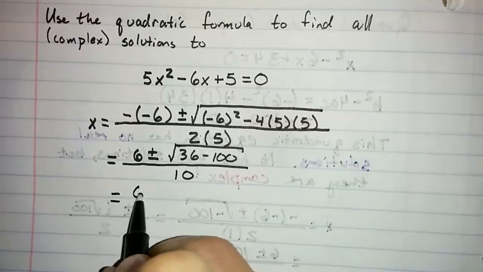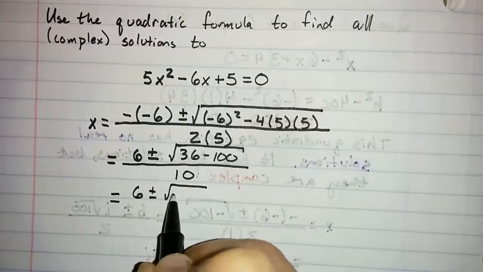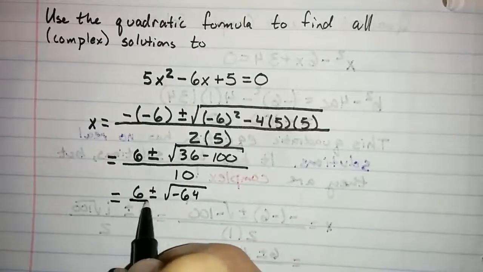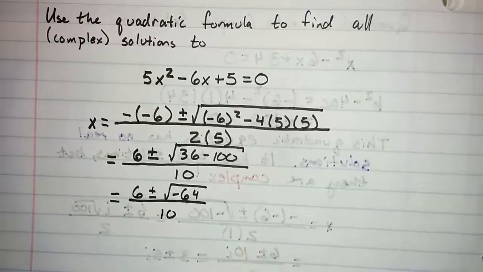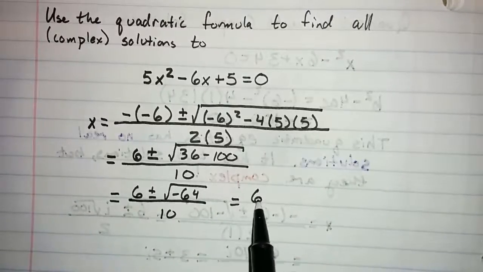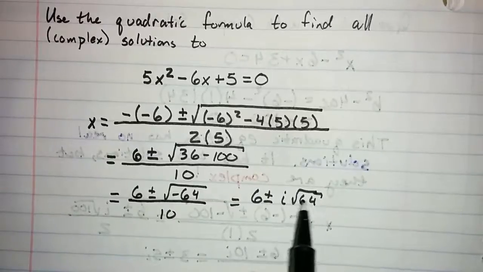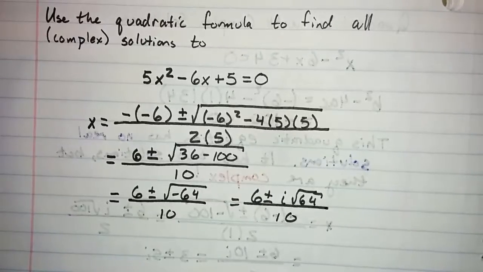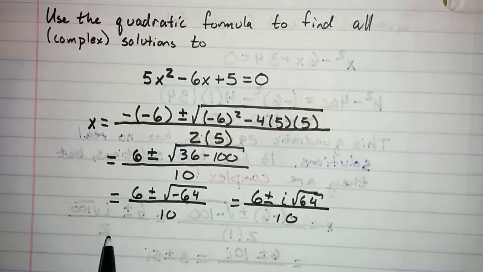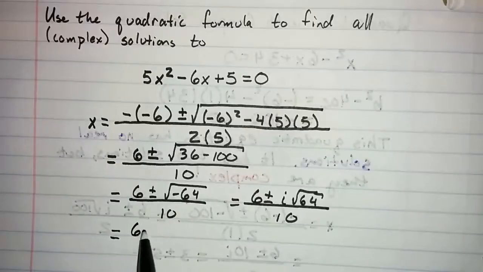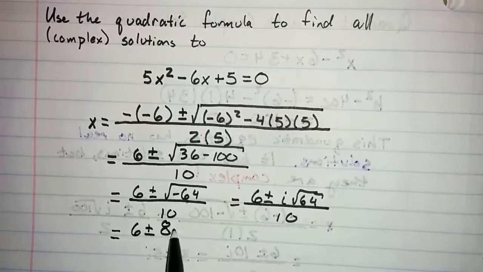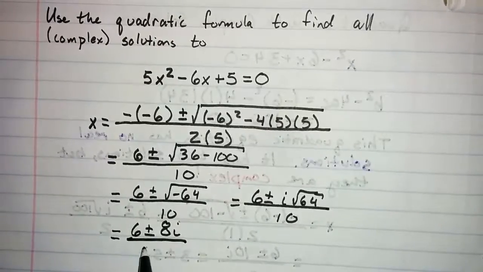So 6 plus or minus the square root of negative 64, over 10. 6 plus or minus i root 64 over 10. 64 is a perfect square.